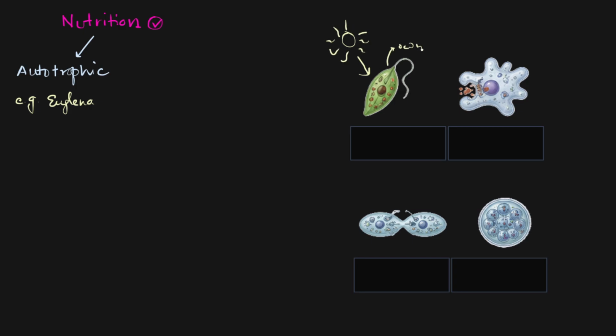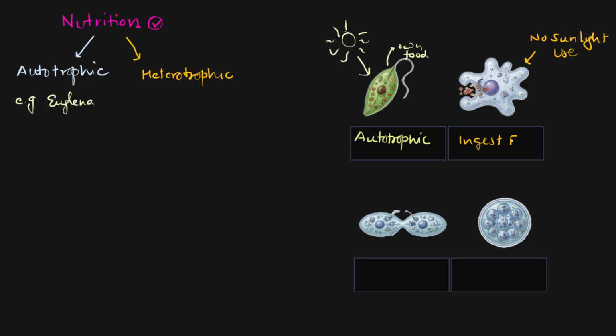I'm going to write it down. Next, the second way is heterotrophic. Heterotrophic means it can't create its own food, so no sunlight is being used. But it can survive on the ingestion of food that is created by other organisms. Example is amoeba. It's going to eat up the food which is present in the environment.